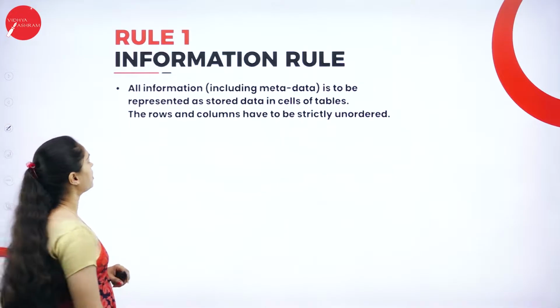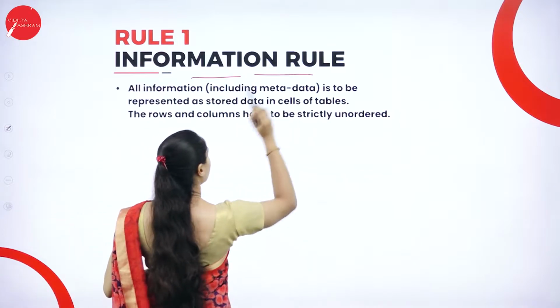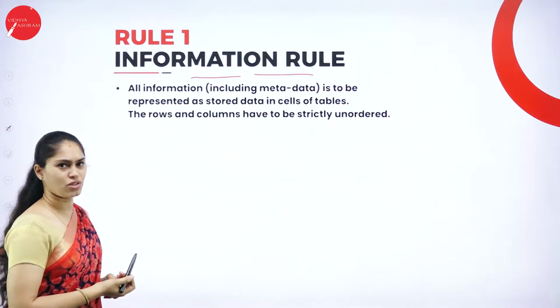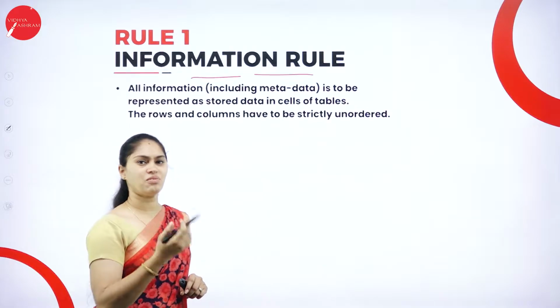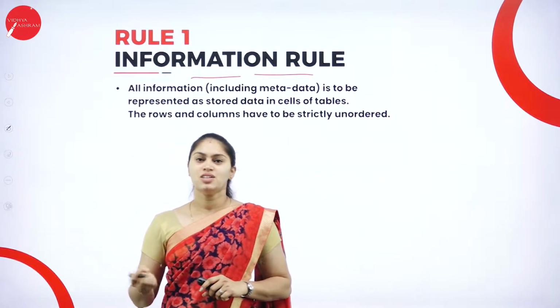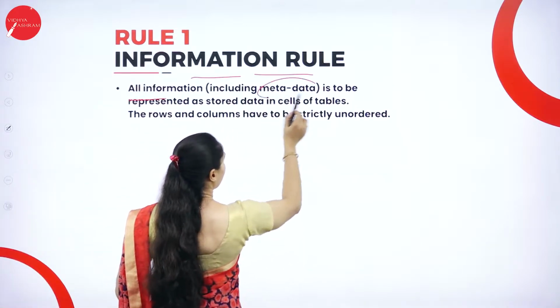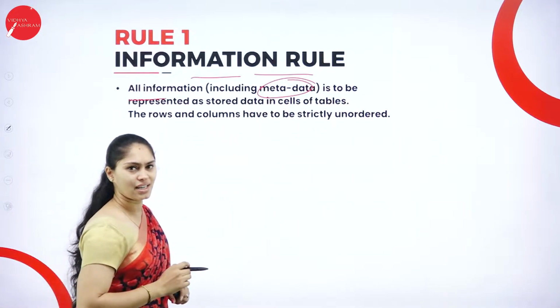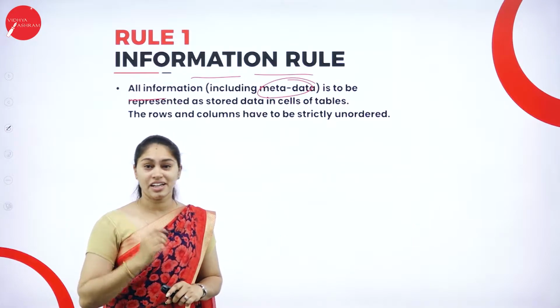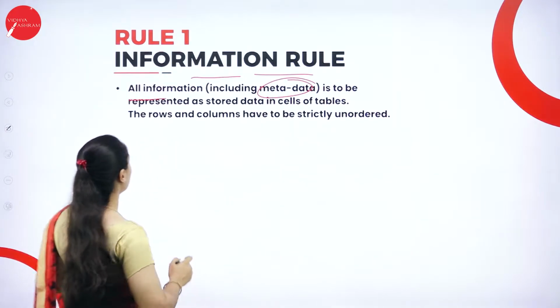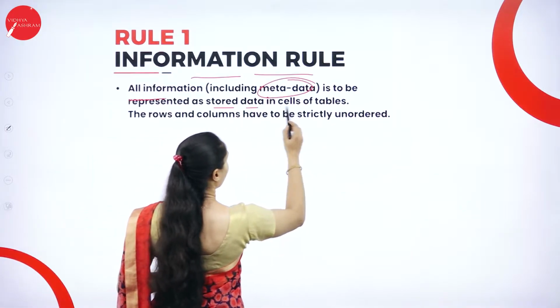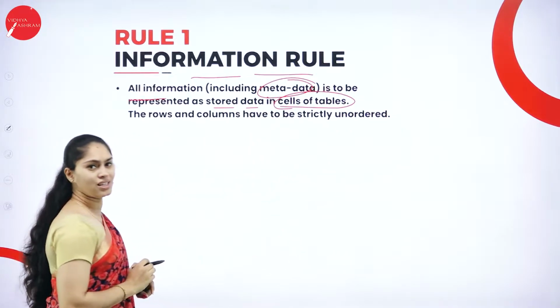Now we'll see rule 1, that is the information rule. If it is information, then we are getting some knowledge out of it. Rule 1 states that all the information, even metadata, that is data about other data, which we can also call a data dictionary, is to be represented as stored data in the cells of a table.